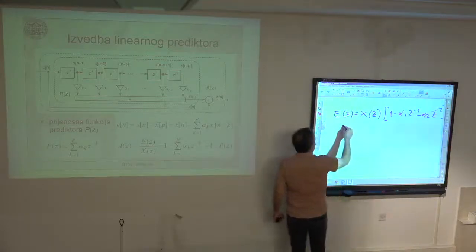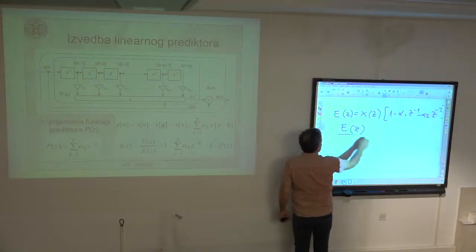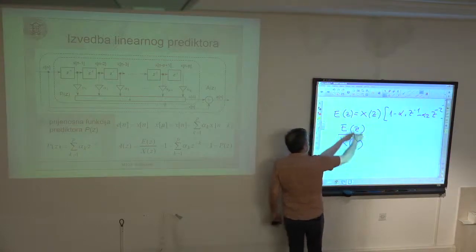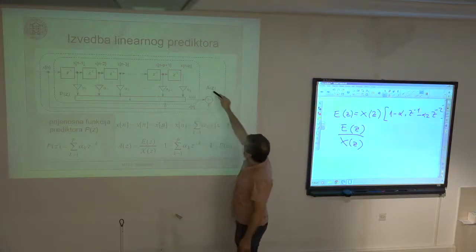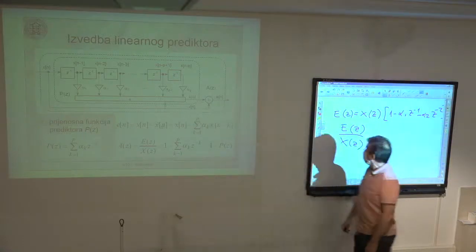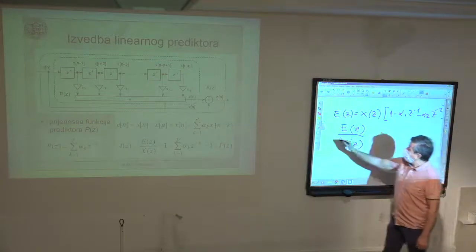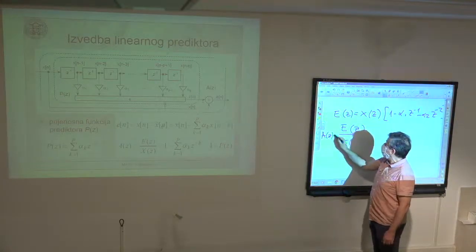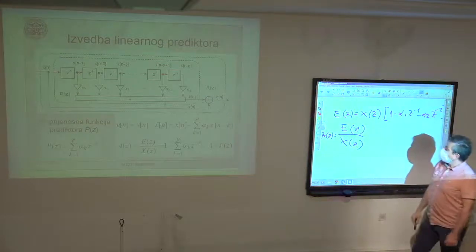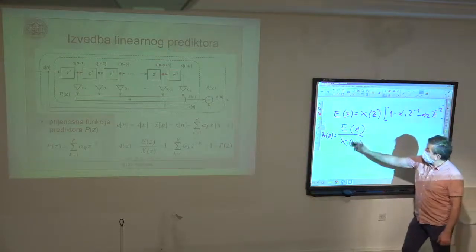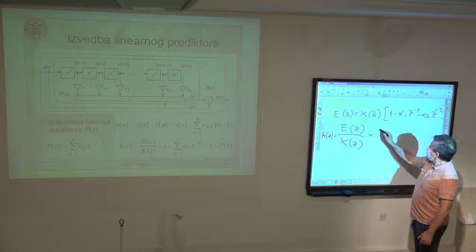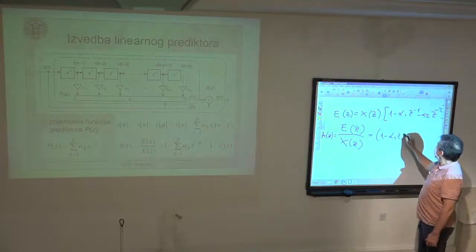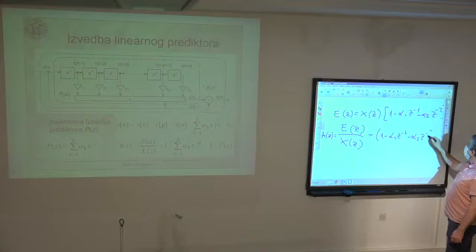And then the ratio of the z transform of e and the z transform of x is the transfer function of the system A of z. So that is the transfer function of this system that has the prediction error as output. So A of z is simply the z transform of the prediction error divided by the z transform of the signal. And that is this term here, 1 minus alpha 1 z to the minus 1, minus alpha 2 z to the minus 2.